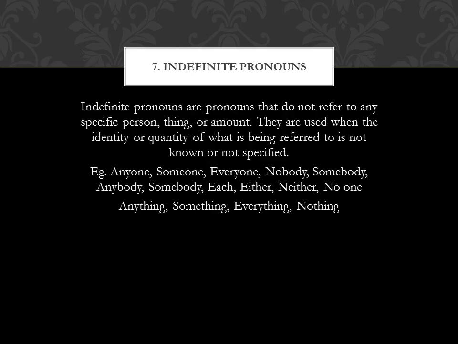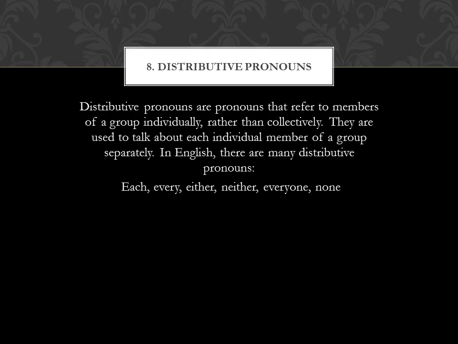Here, specific persons, things, or amounts are not specified. For example, we have anyone, someone, everyone, nobody, somebody, anybody, each, either, neither, no one, anything.